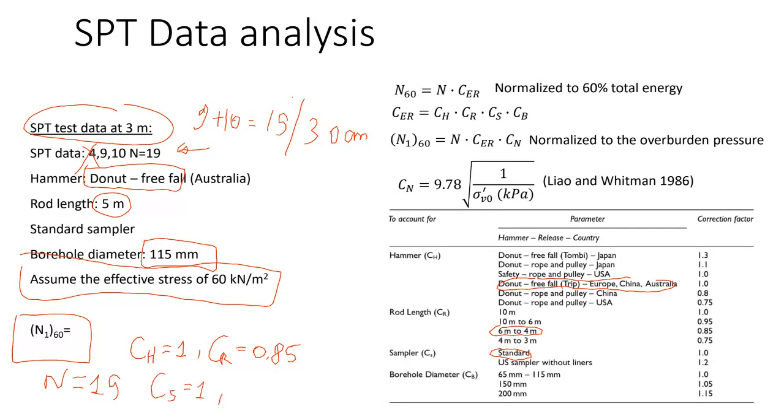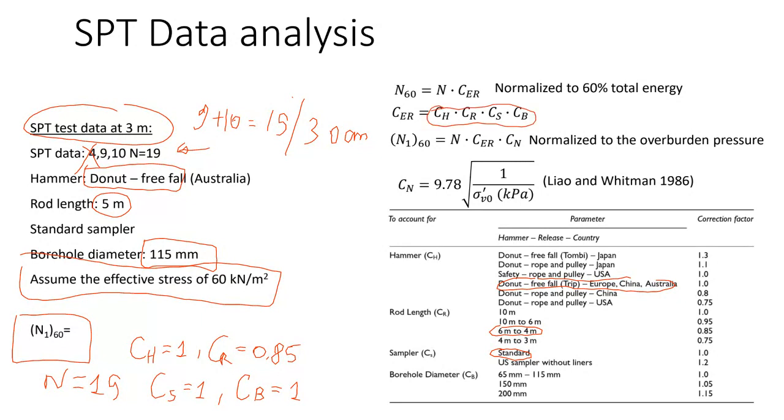And the borehole diameter was 115, so the coefficient doesn't have to change anything. Coefficient for borehole, it's 1. These are all the values to get CER for the energy.